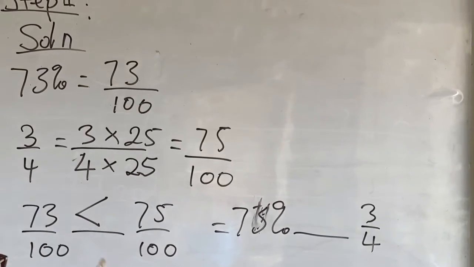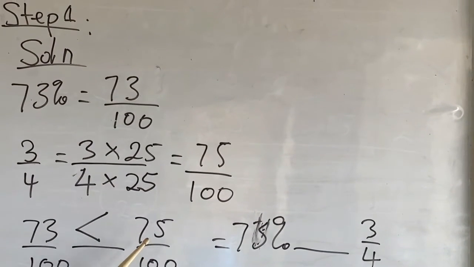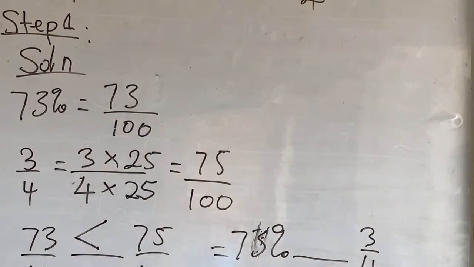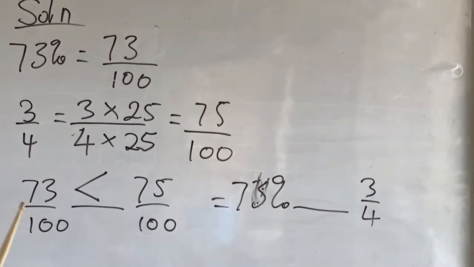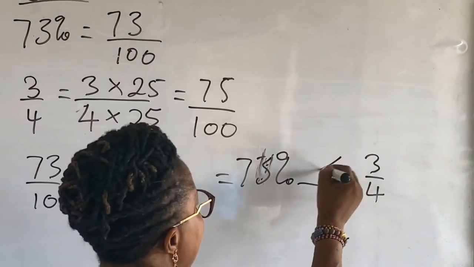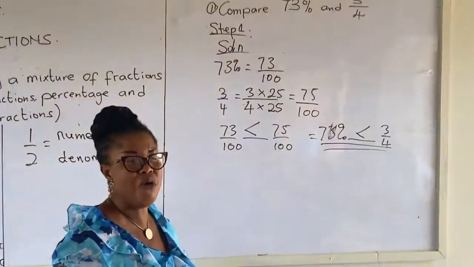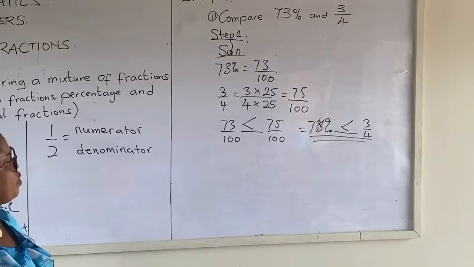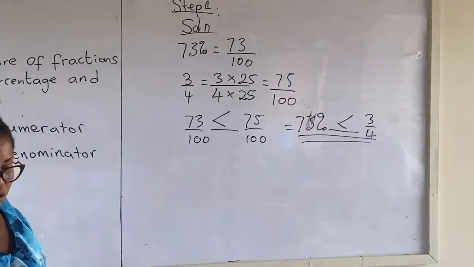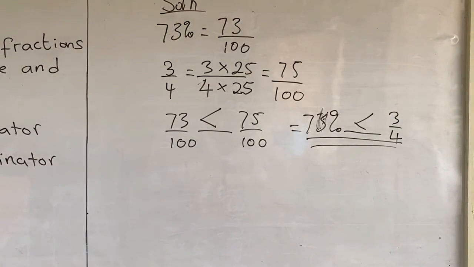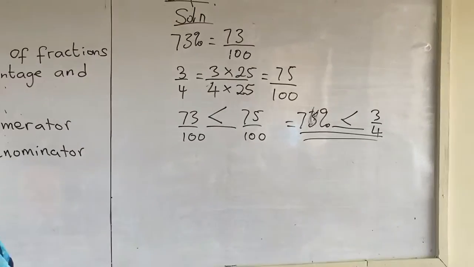So, we now know that 3/4, which is 75 over 100, is bigger than 73 over 100. So we put down our arrow, and this will be our answer. So we have compared 73% and 3/4 by converting all of them to common fractions.